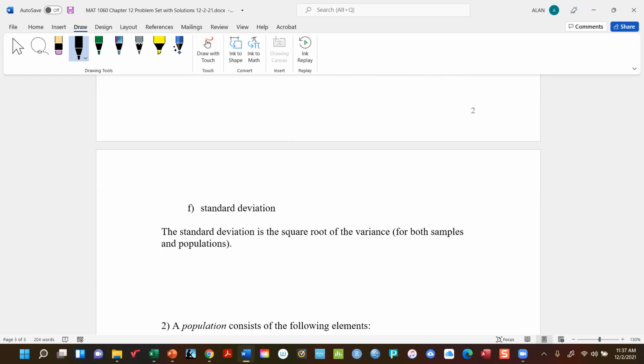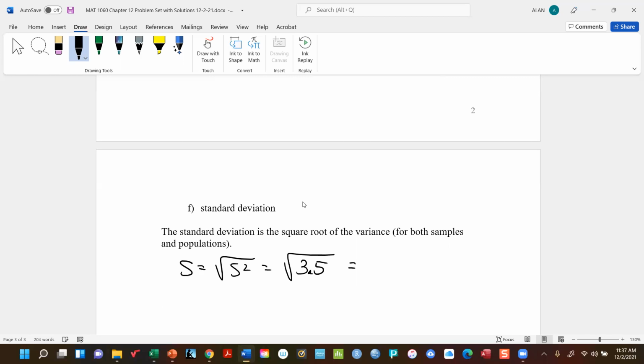So in this case, the sample standard deviation is the square root of 3.5, which is approximately 1.8708. All right, and that's all you have to do.